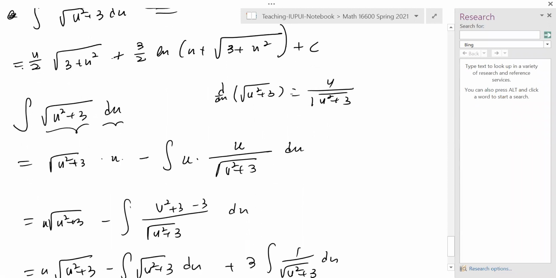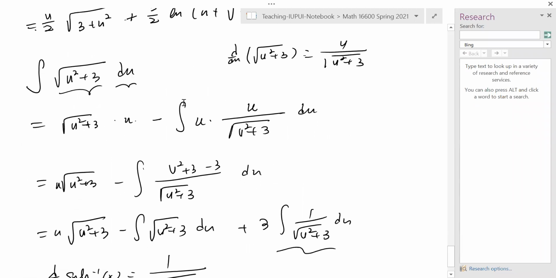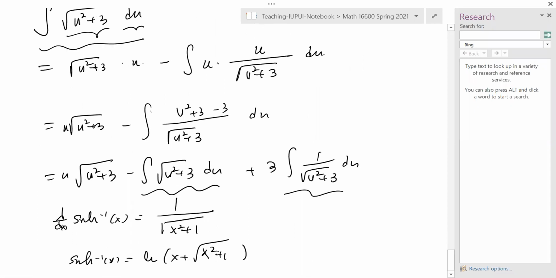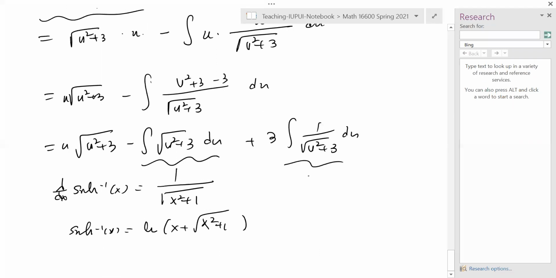The idea is that you use integration by parts first. This is the technique. Then you end up with the original integral again, but you can move it to the right-hand side, and it becomes 2 times the integral, then divide both sides. The key point is you have to evaluate the remaining integral, which is actually the inverse hyperbolic sine of u. And for the constant 3, you can use another substitution to get rid of 3.